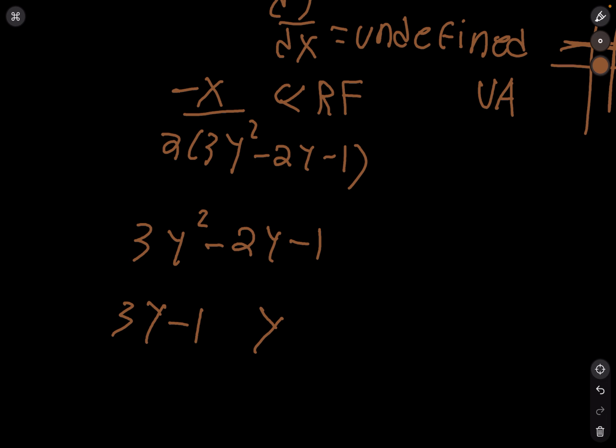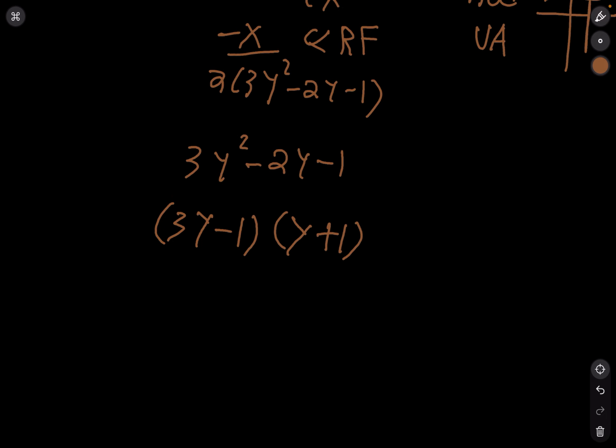And so from here, if you're okay with cross method or anything, that's totally fine. But this is how you factor it, because you get the negative y, then you get the 3y.